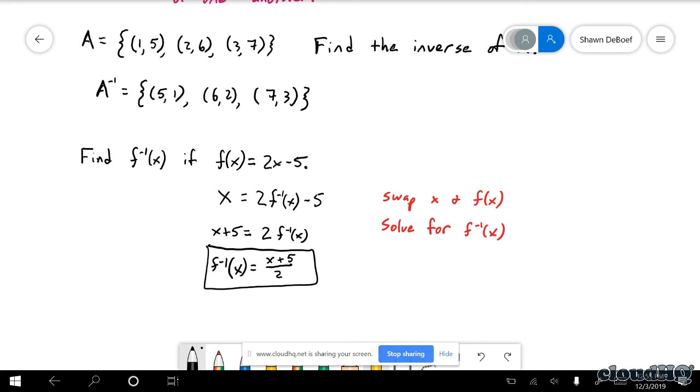I'm going to do one more of those, and then we're going to go back, and I eventually want to come back and graph both f of x and f inverse of x, so we can see how their graphs compare, but we'll come back and do that after we practice one more.